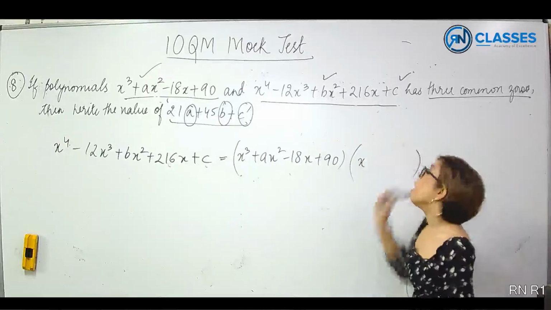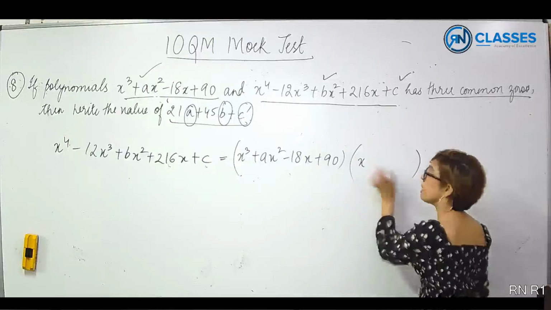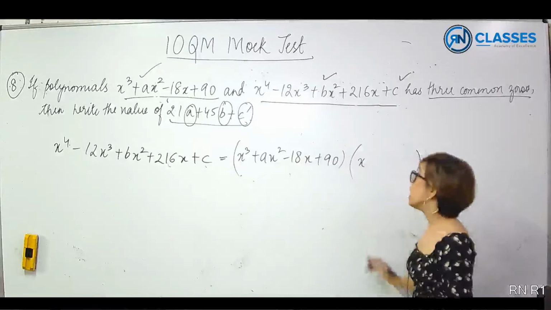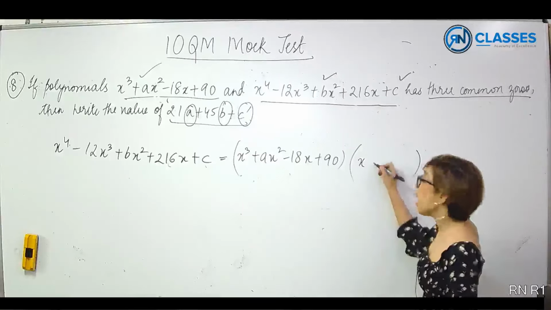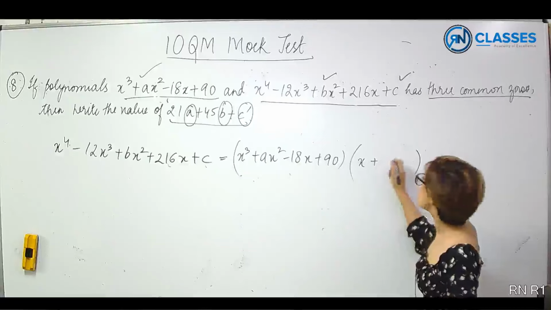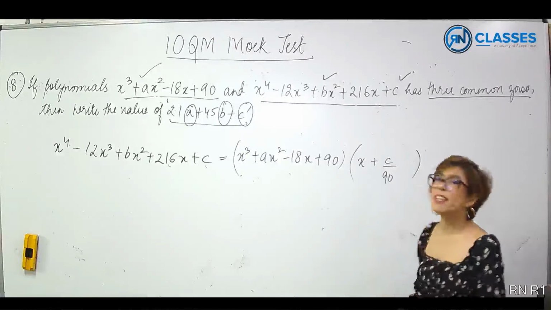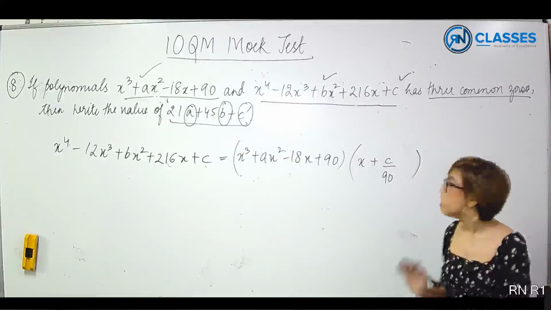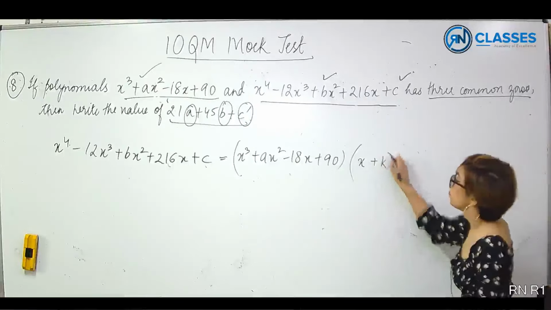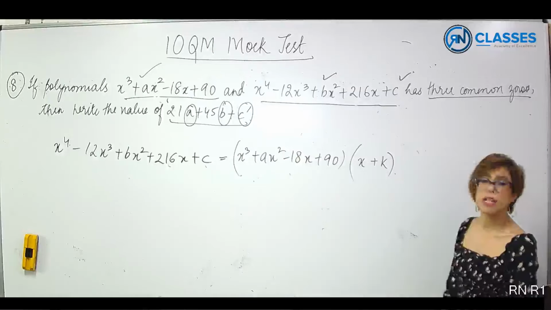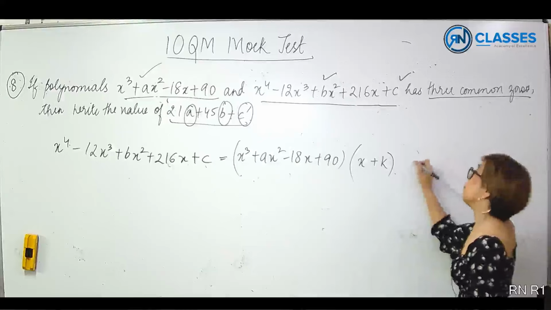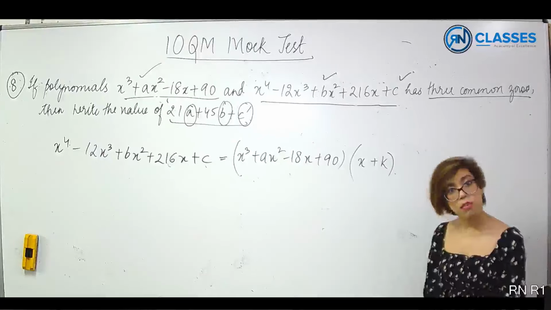Now I need the constant term. Mind it, here the constant term is c. I would not want to write the constant term as c by 9, because fractions get involved and we are not a big fan of fractions. So let the constant term be k, whatever the case may be. We introduce one variable ourselves, it's okay, we'll find out the value of that one. Big deal. Plus remainder; since it is exactly divisible, the remainder is 0.